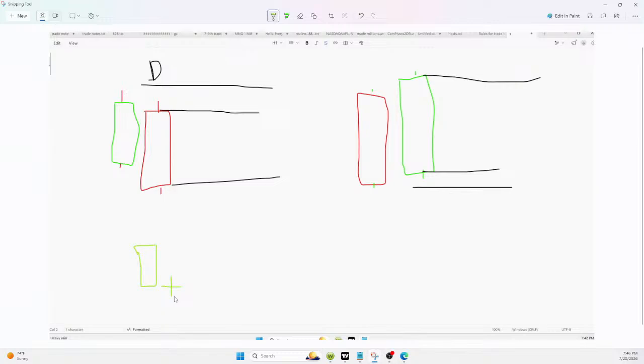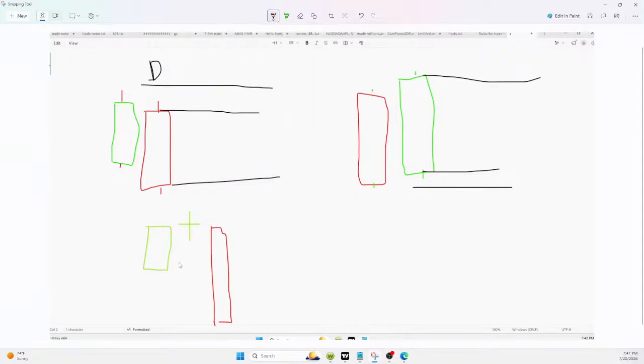It could be red or green. Let me rub this out. All right, so this is green and red. Since this is going down, it will have a candle like this, another candle like this, and then another candle like this on the 4 hour. This is all you have to do.